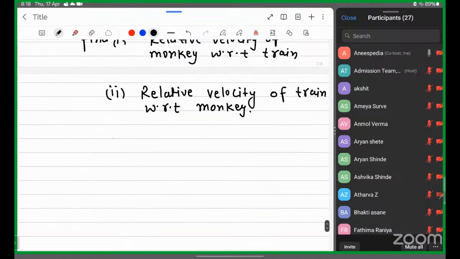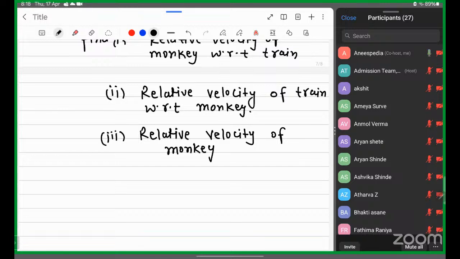Also find out the relative velocity of the monkey with respect to a person standing on the platform.